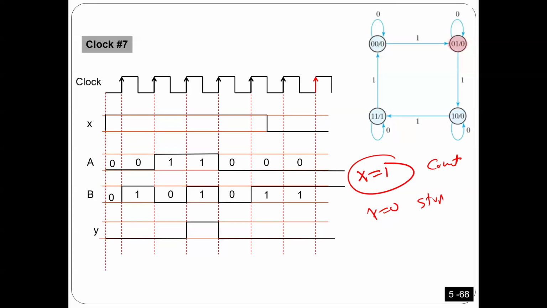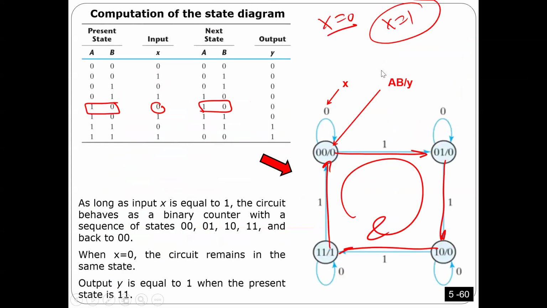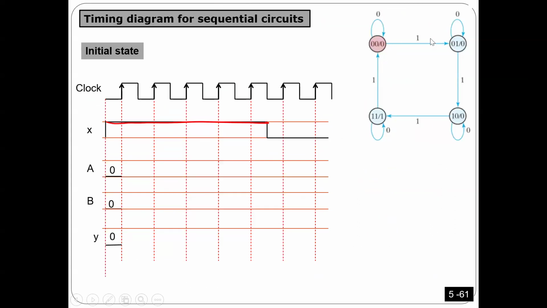If you have a circuit, you have two outputs A and B. Let me go back to see what happens. Here I start from 0 0 and then 1, 2, 3. After 3, 0 1 2 3, 0 1 2 3, as long as x is 1.